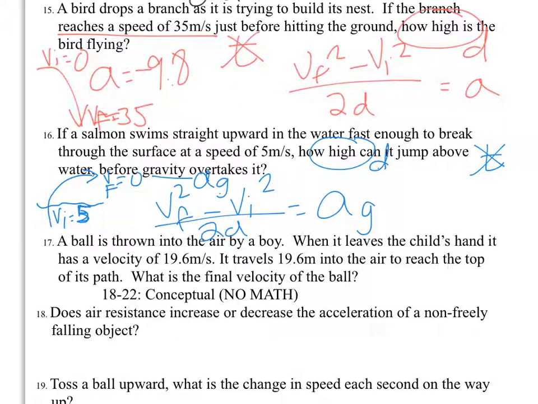Alright, next up, a ball is thrown into the air by a boy. So I've got my boy. I'm throwing a ball into the air. It leaves the child's hand at 19.6 meters per second.